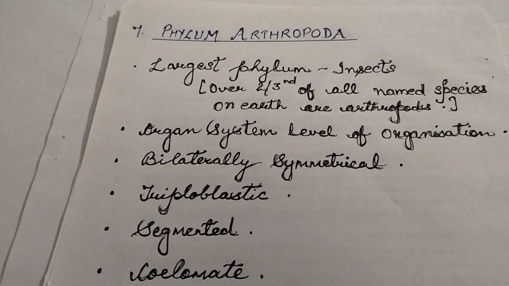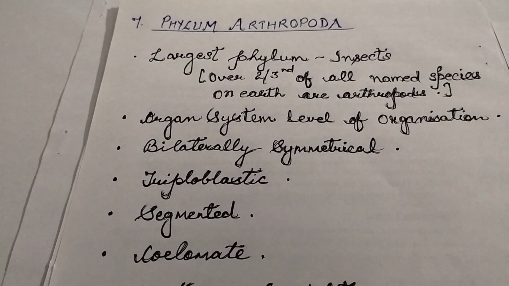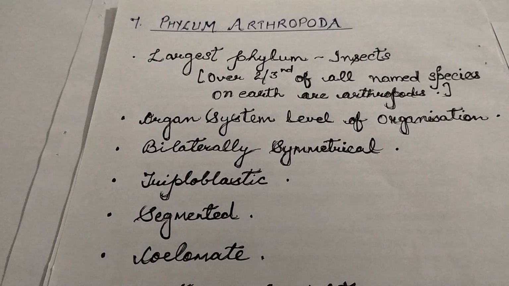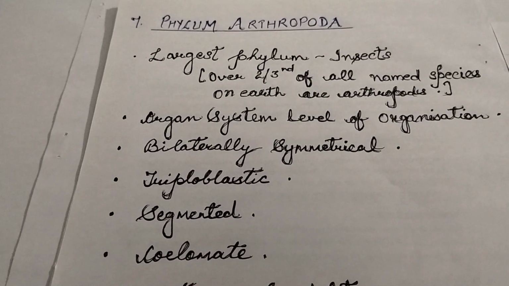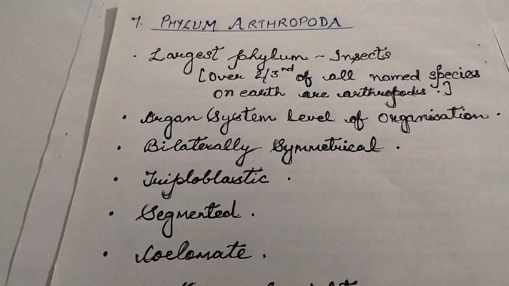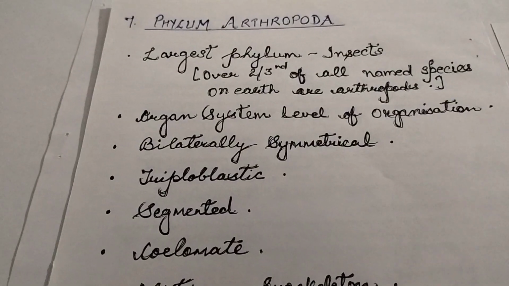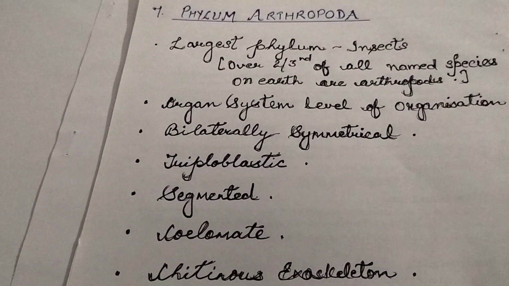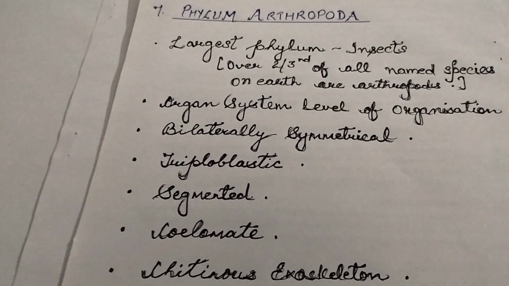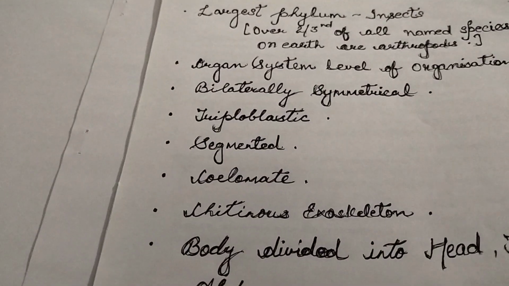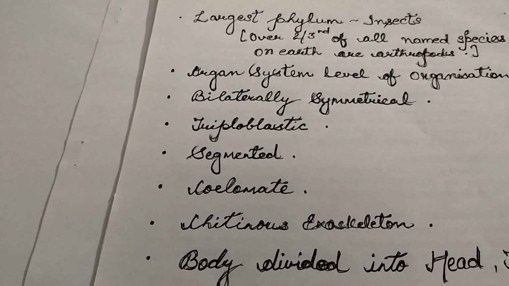Their general characteristics: organ system level of organization is present. We all know what it is. Then they are bilaterally symmetrical, triploblastic, segmented. Body is divided into segments. They are coelomate, means true coelom is present.